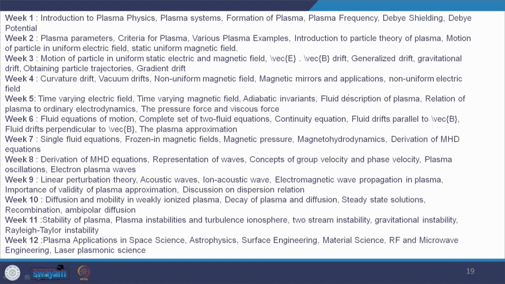So, you have this 12 week outline briefly given here. These details are also available on the course page. So, you have the first unit, wherein we actually are right now. We have introduction to plasma, formation of plasma, plasma frequency, Debye shielding, and so on. In week 2, we will try to understand the plasma criteria: when do we call an ionized gas a plasma and when do we not give this tag of plasma to that particular ionized gas.